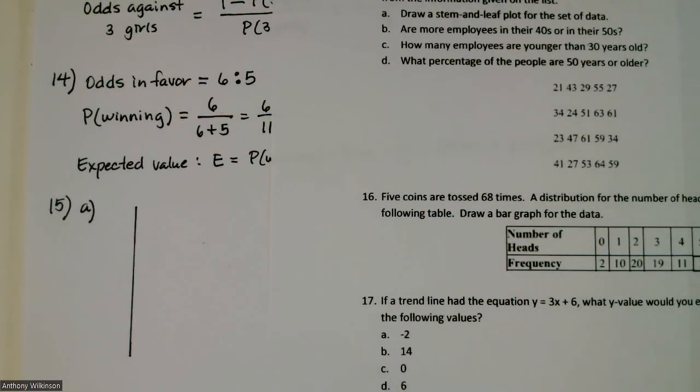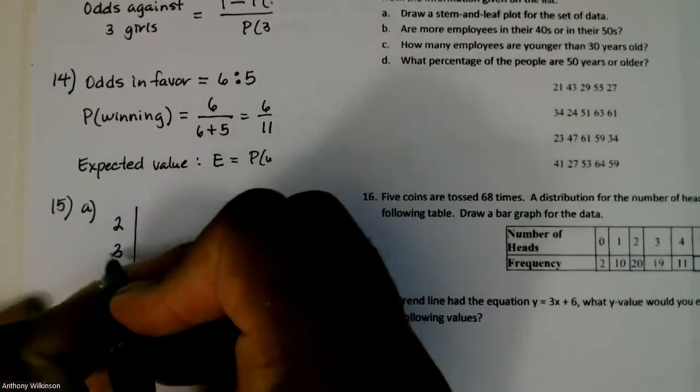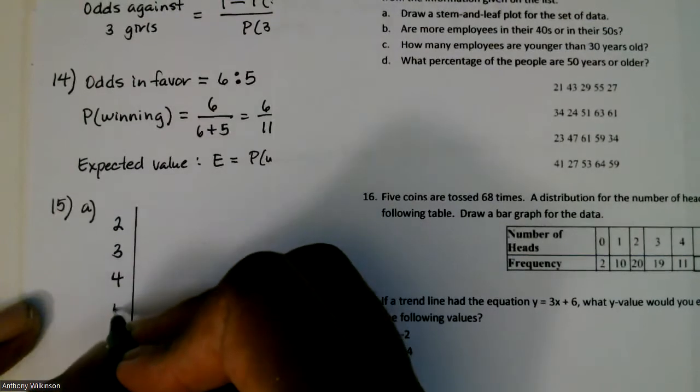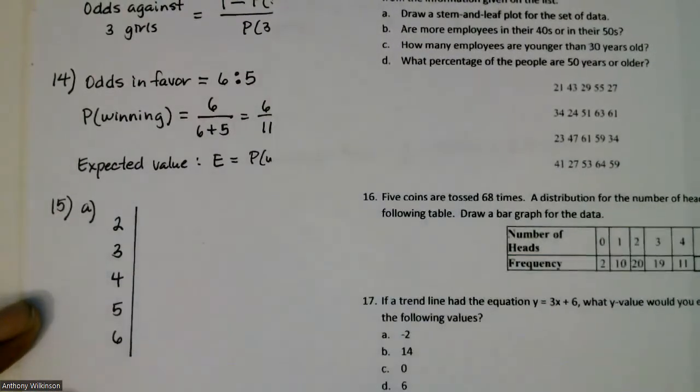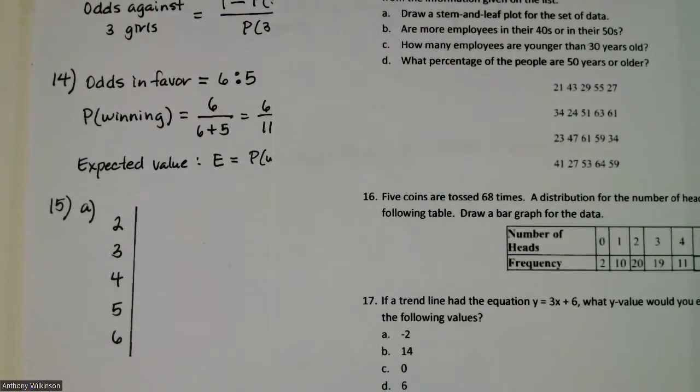I see the smallest is the 20s and the largest is I think the 60s, yeah. So my stems are going to go from 2 to 6. So I have a 2, 3, 4, 5, 6. Now I need to identify my leaves here for each of those stems.